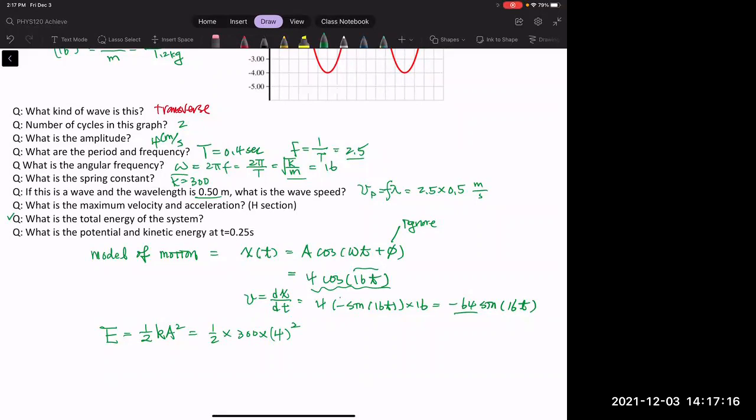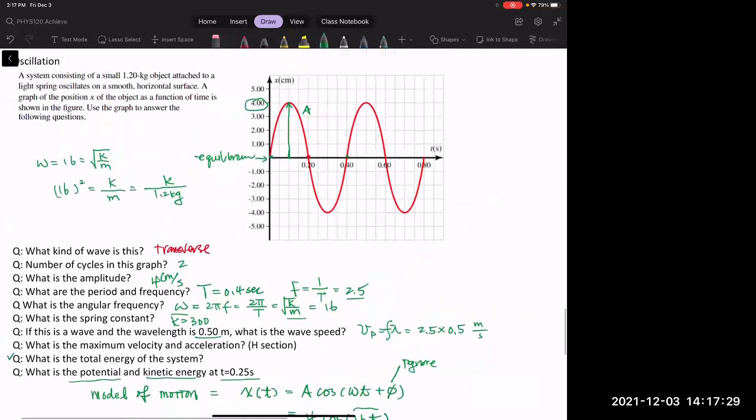Now the last one of this review is to find the potential and kinetic energy when t is equal to 0.25. How do we do that? Well, this is the graph. 0.25 is not here, it's here.